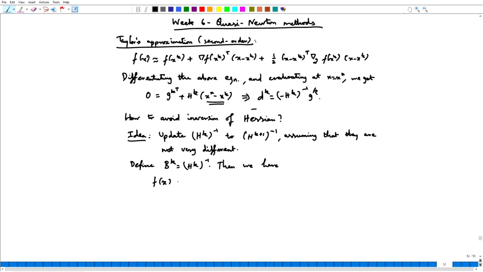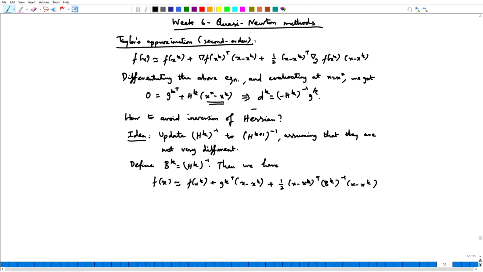So, we will have f of x to be f of x k plus g k transpose x minus x k plus half x minus x k transpose B k inverse x minus x k, right. So, it should have been H k, but instead I am writing B k inverse now, okay. So, yeah, if you take this definition in the idea above, I need to update B k plus 1 using B k, right.